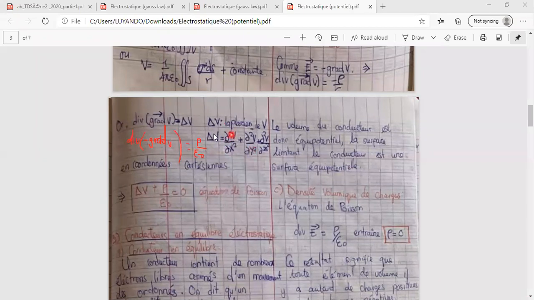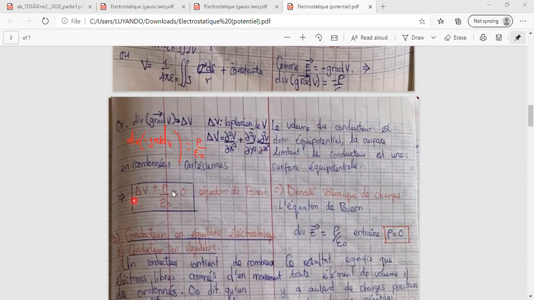So you're supposed to know that the Laplacian in Cartesian coordinates is given by this expression right here. And then the Laplacian is replaced by this constant, the negative rho over epsilon 0, because this gradient has been divided to this side. So in Cartesian coordinates, the Laplacian is equal to this.